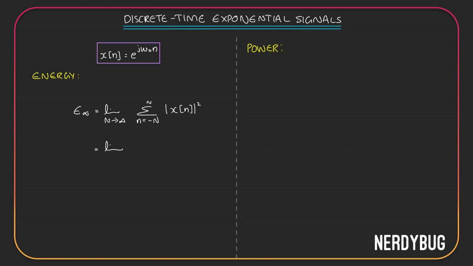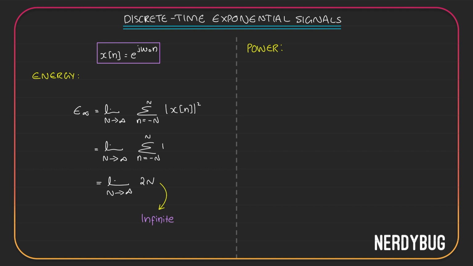So we can write limit N tends to infinity summation n equals minus N to N of 1 square. So this is limit N tends to infinity summation from minus N to N, you will get 2N plus 1, and as the limit N goes to infinity, obviously the energy of this signal is infinite.